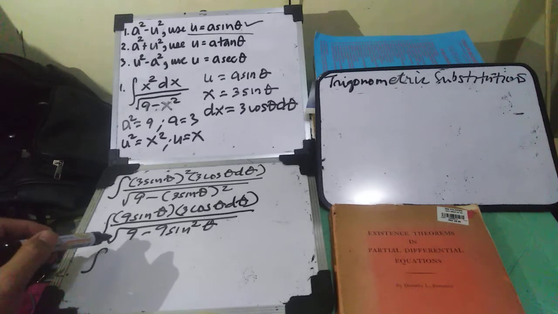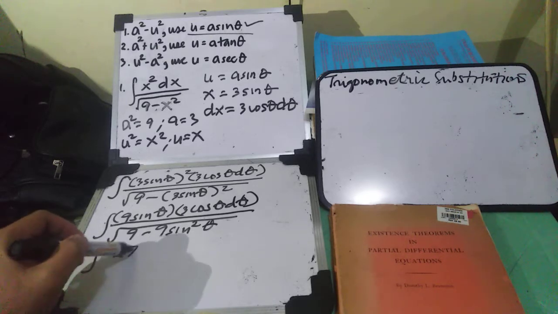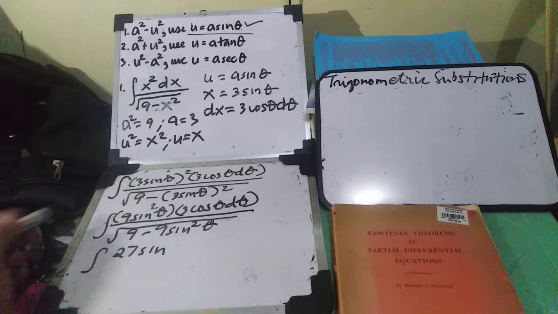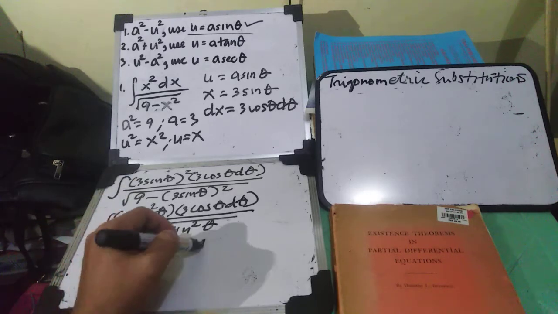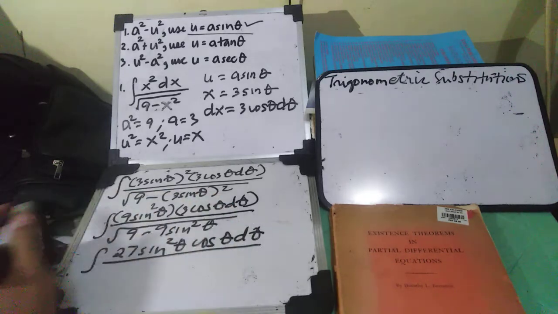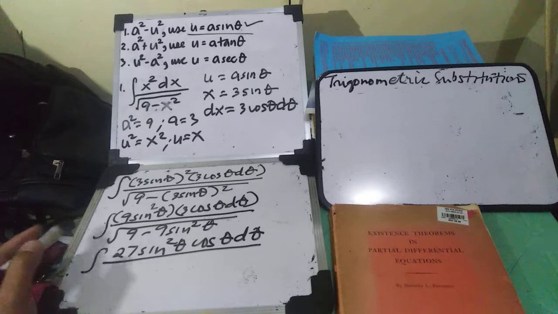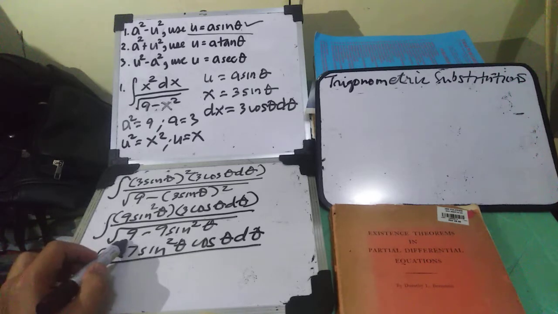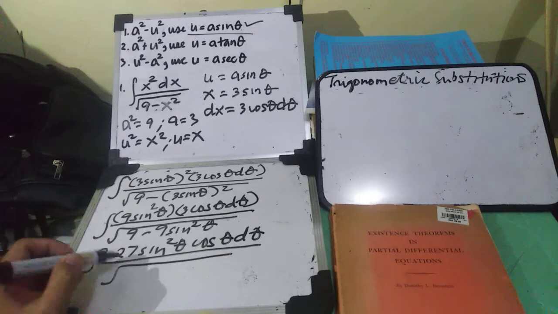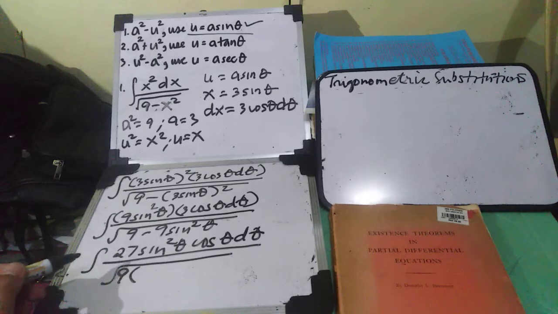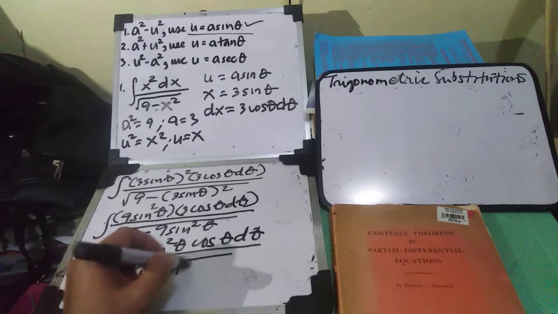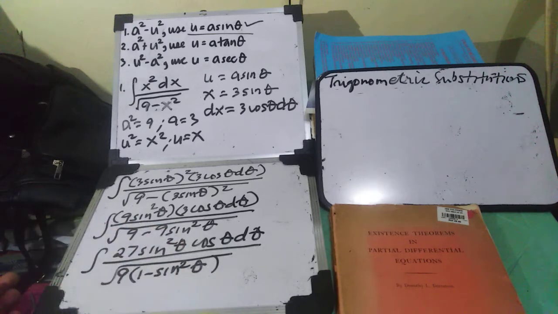Also, we have 27 sine squared theta cosine theta d theta all over the square root of, 9 is common, so we can factor out 9, then multiply by 1 minus sine squared theta.